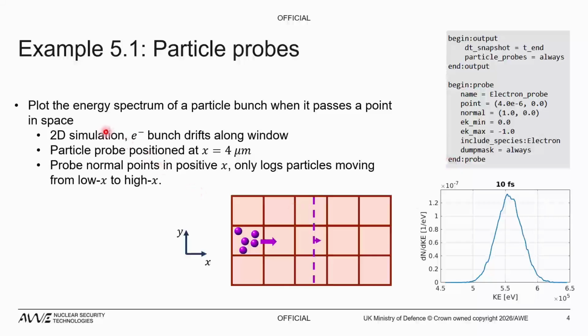In this example, we have a 2D simulation where we've got an electron bunch which drifts past a particle probe which we've defined. And if we look at the kinetic energy spectrum of particles that have passed that probe, you can see that it mainly peaks around 550 keV or something like that, with a bit of thermal drift as well, which is the species that we've set up there.